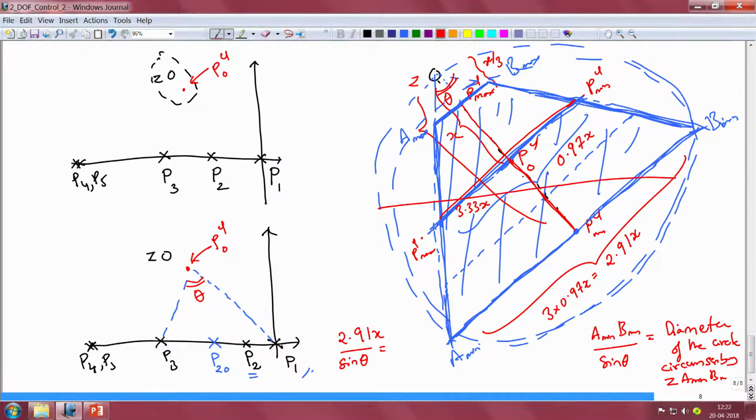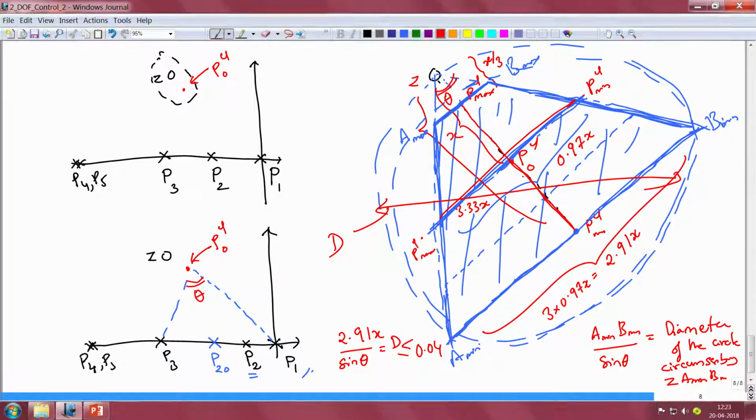I shall indicate the diameter by the symbol d here. And since we want the closed loop pole to not vary by more than 0.04 units, we have to insist that the diameter d of this circle should be less than or equal to 0.04 units. Now, this equation will help us to determine the exact distance x of the zero from the point PCL naught.